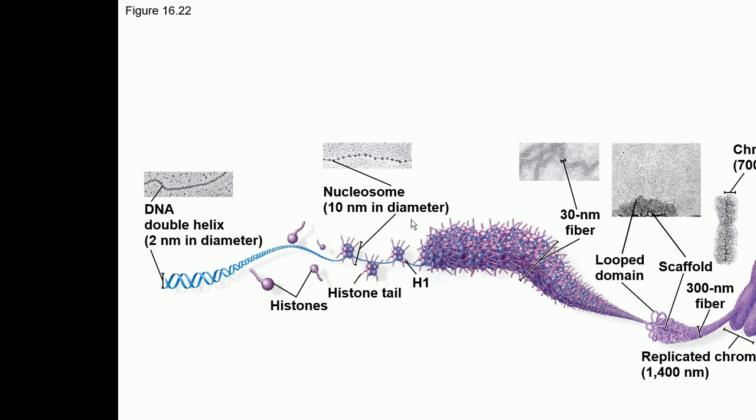Then these nucleosomes further coil, further fold, and form chromatin. The chromatin fiber is around 30 nanometers in diameter. Then it further folds, further coils, forms loops, and becomes around 300 nanometers in diameter.